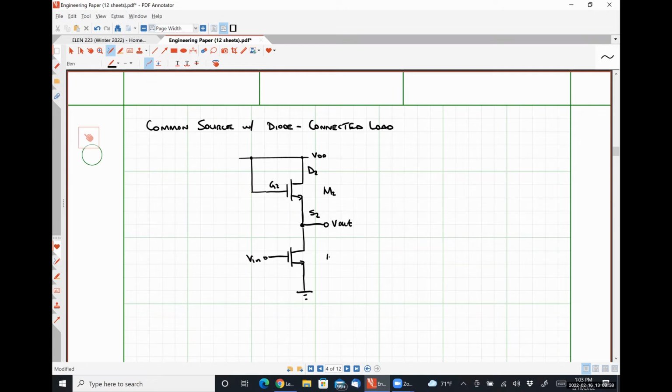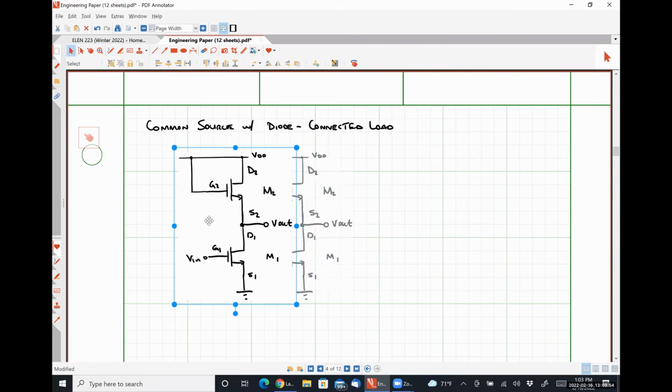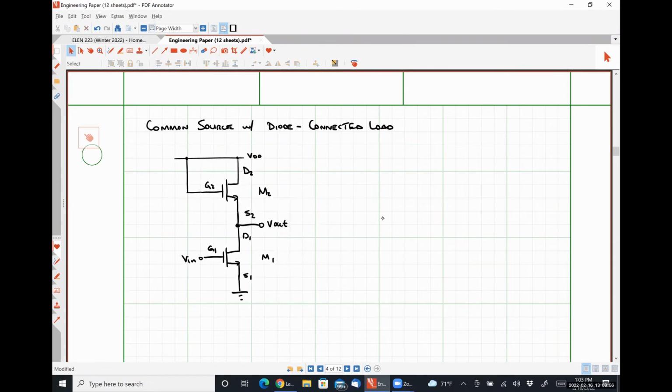Where if this is transistor M1, this is D1, this is S1, and this is G1. I'm actually going to move this over a little bit on my screen so that I can draw the small signal model more easily. So let's talk about something real quick here.